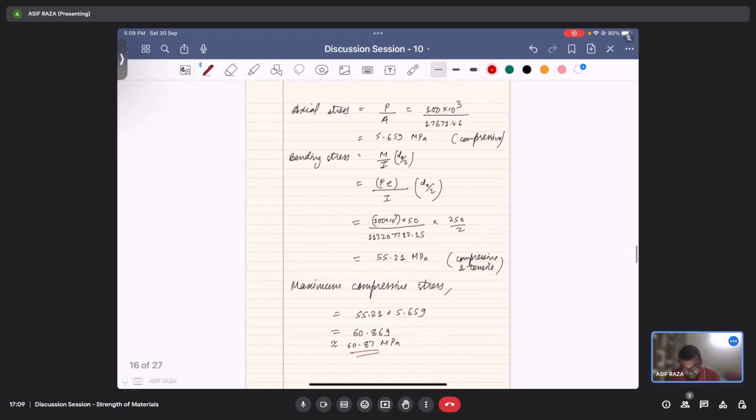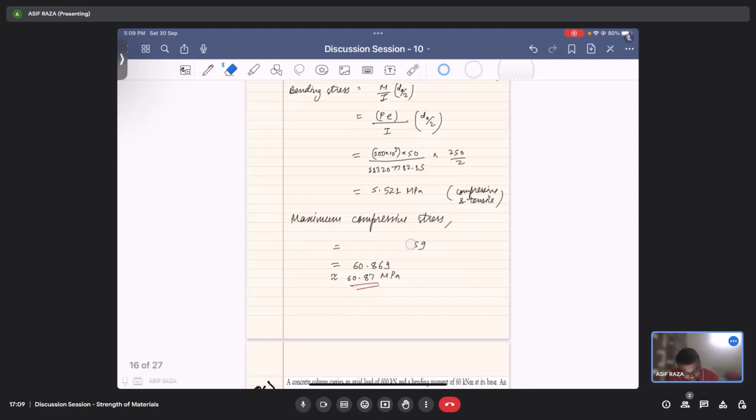Okay, this is where I made a mistake. This is equal to 5.521 megapascal.